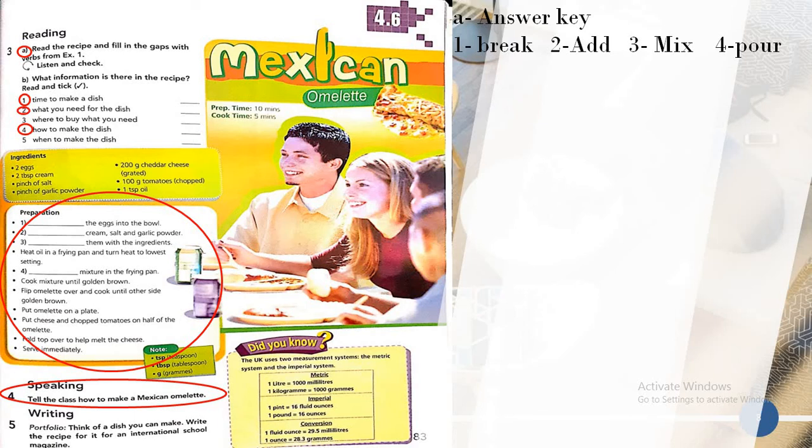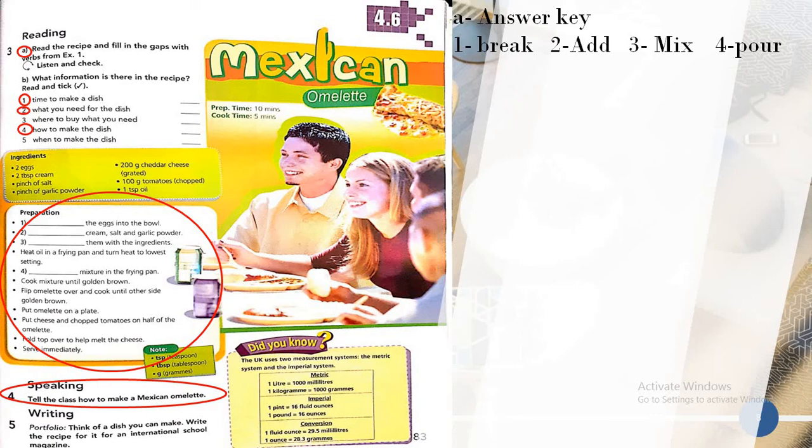So 2 eggs, 2 tablespoons of cream, a bunch of salt, a bunch of garlic powder, 200 grams cheddar cheese, 100 grams chopped tomatoes, and 1 tablespoon of oil. Okay, the recipe is very easy, simple, and clear. So you can tell the classroom how to make a Mexican omelette.